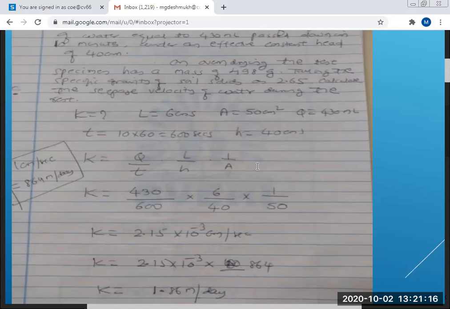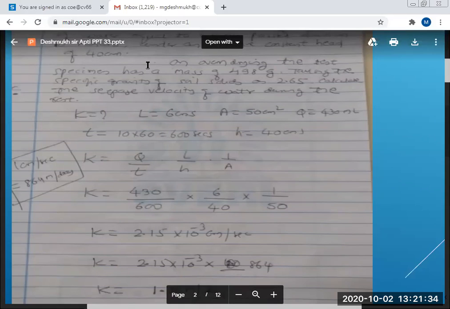L is equal to 6 centimeter, A is equal to 50 centimeter square, Q is equal to 430 ml, T is equal to 600 seconds, and H is equal to 40 centimeters.